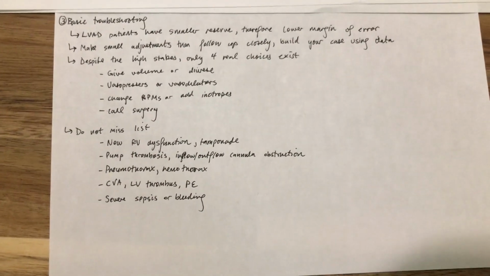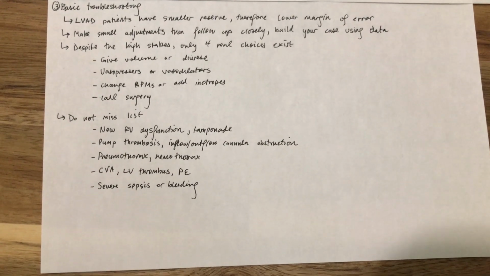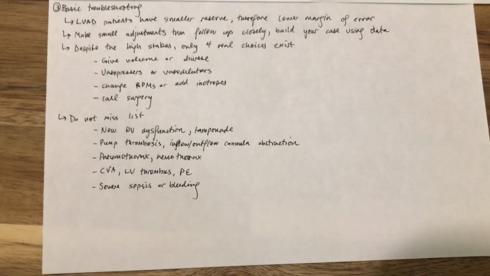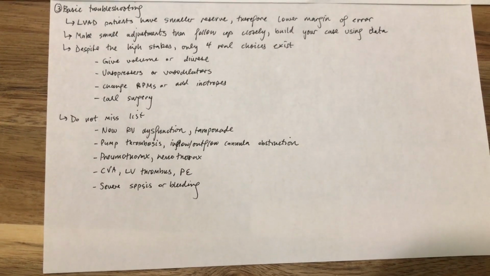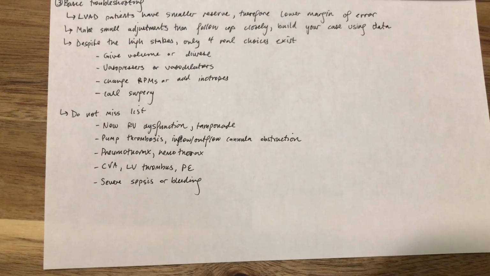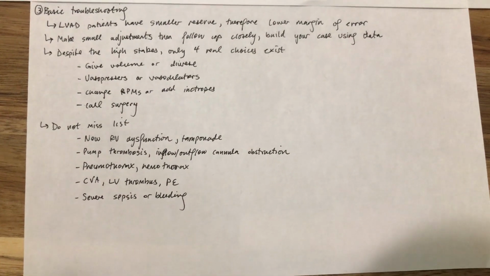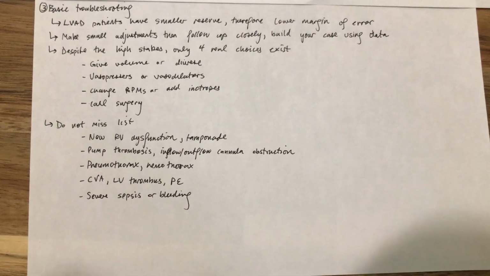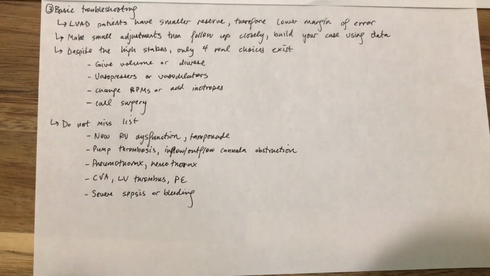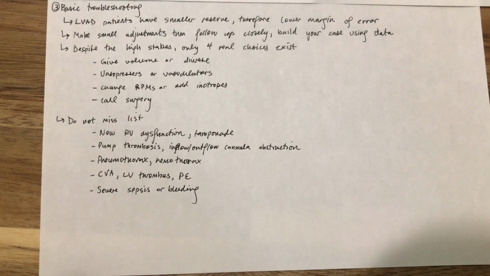It's good in the sense that you can make small adjustments, see changes in the patient, follow up on what those changes are, and then get labs, scan the patient, use ultrasound and chest x-ray, and build your case using data of what you think is going on. So in a way, it sometimes makes things easier, because it's very easy to see clinical changes even with small interventions.